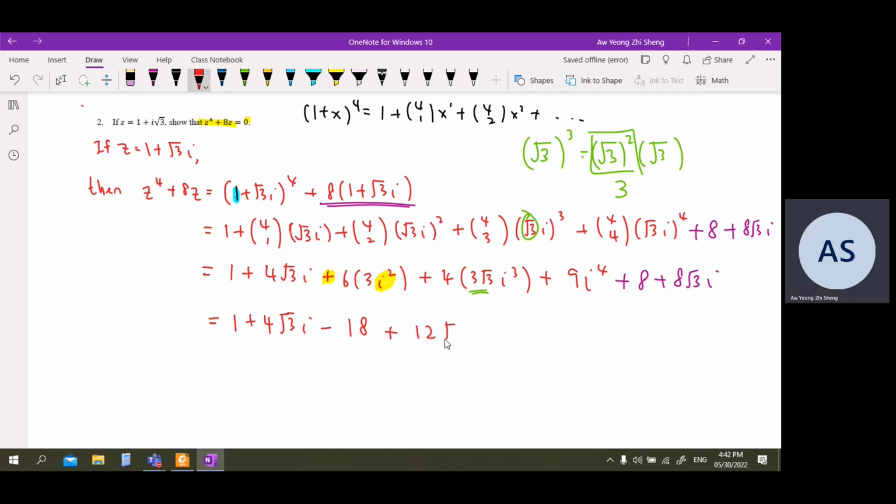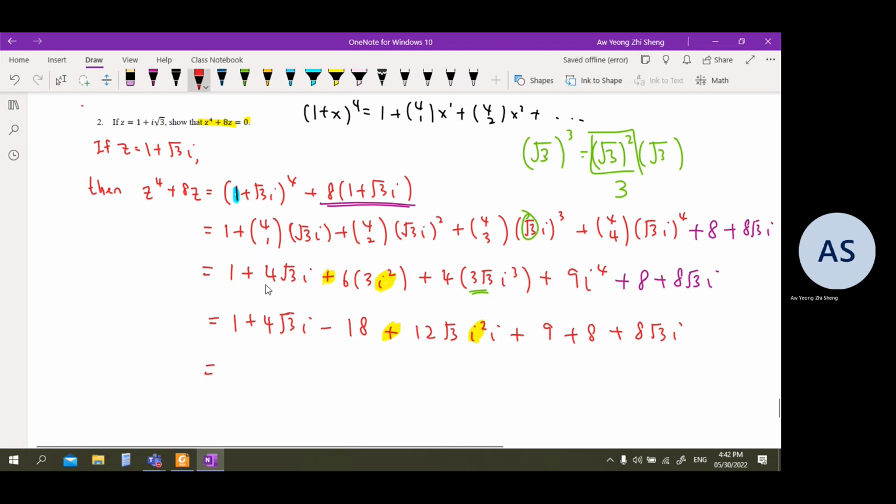I have 12 i cubed, I squared I. I to the power 4 is just 1, so it's just a 9 there. I squared is a negative 1, so that changes a plus in front to become a minus. Okay, the other term I will just copy back.